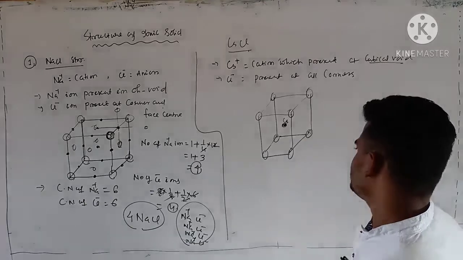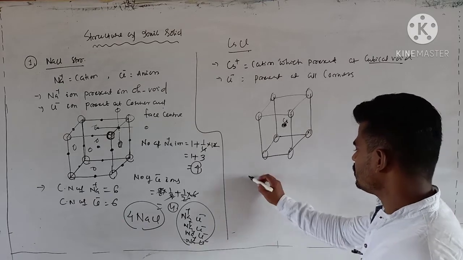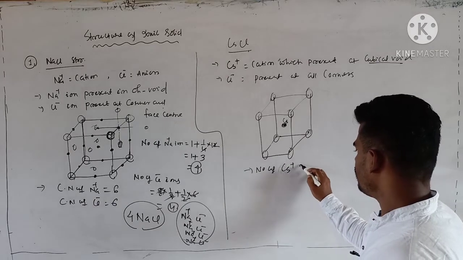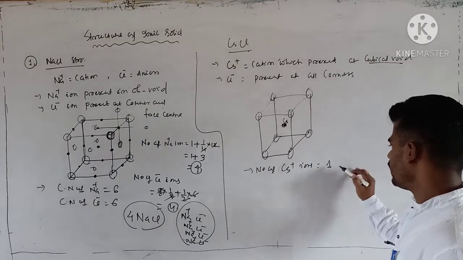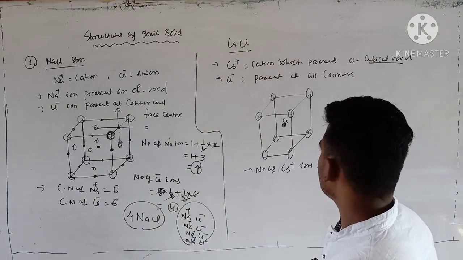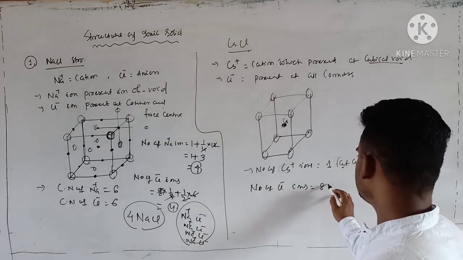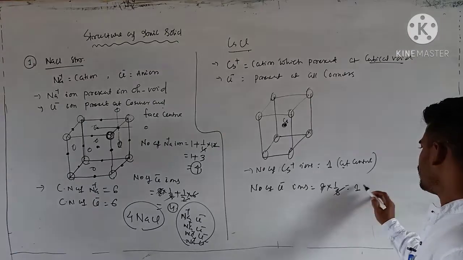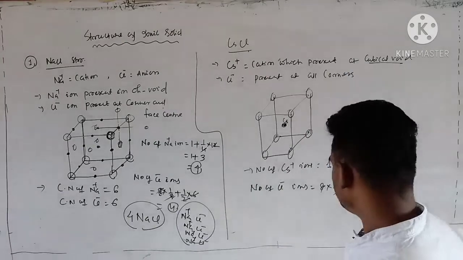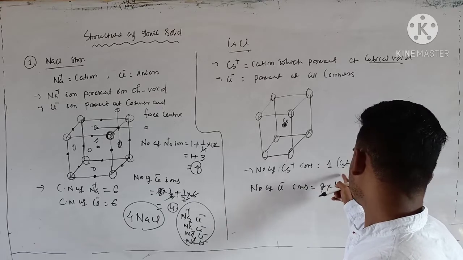Now the number of Cs plus ions is only 1, at the center. Next, the number of Cl minus ions due to corners is 8 into 1 by 8, which is 1. That clear? So it is a BCC structure, and the cation to anion ratio is also 1:1.